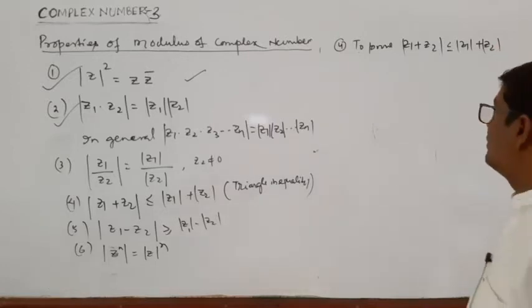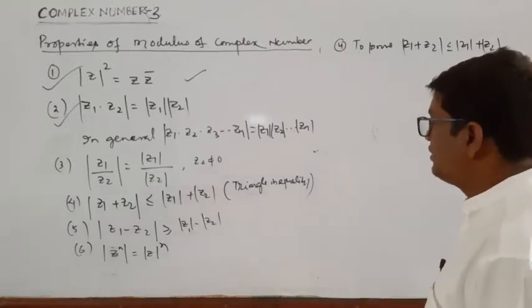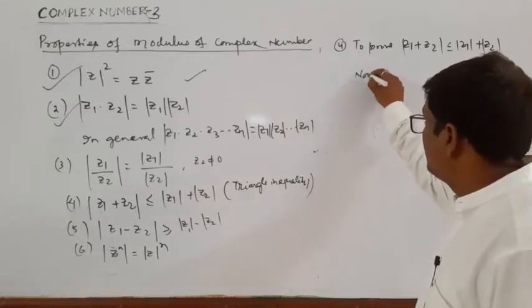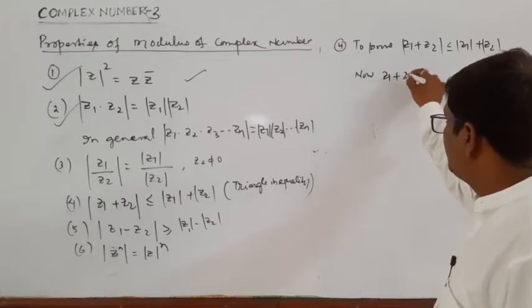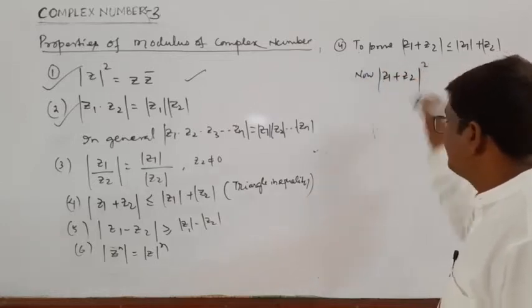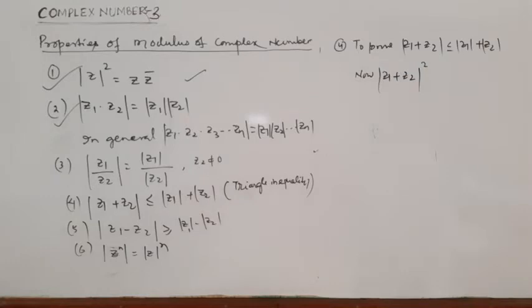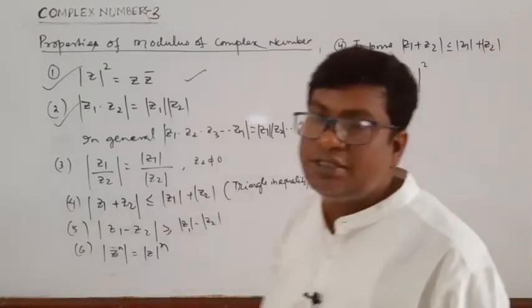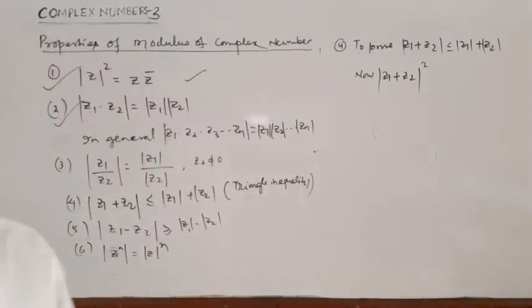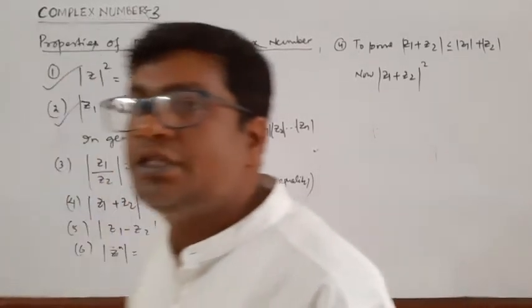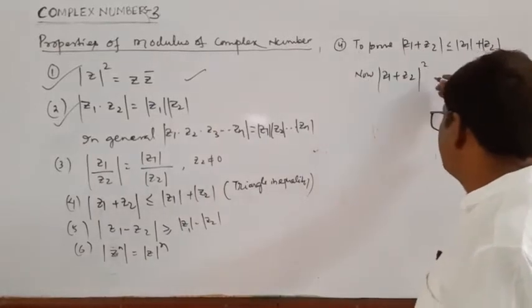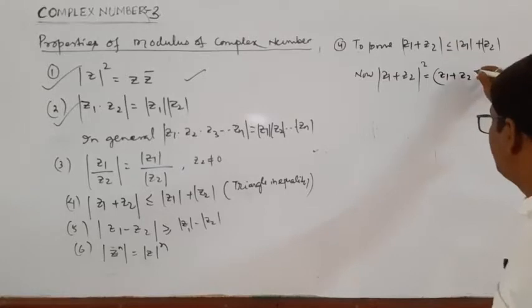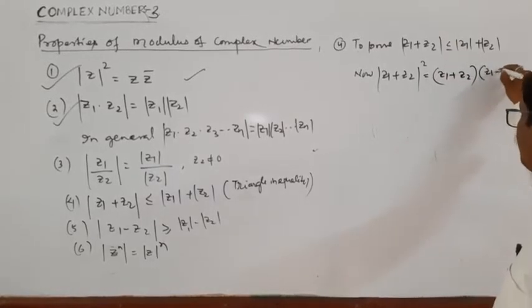Now we can write mod of z1 plus z2 whole square as z1 plus z2 into the conjugate of z1 plus z2.